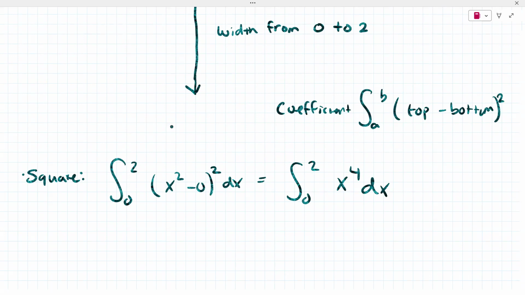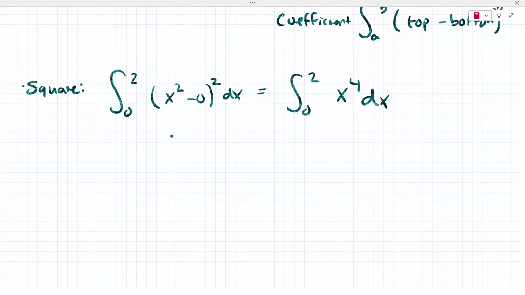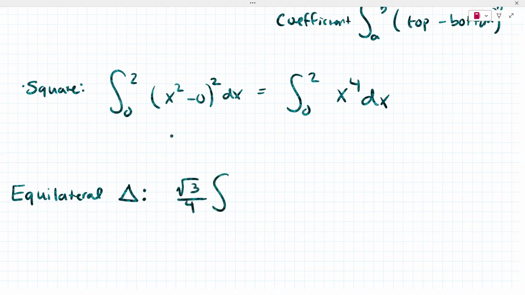What about equilateral triangle? So the rule for equilateral triangle, the coefficient is going to be radical 3 over 4. Start point is 0, end point is 2, and it's still top minus bottom squared.